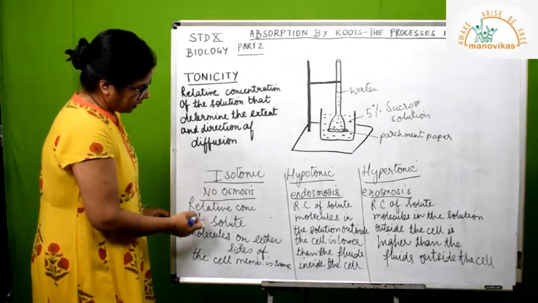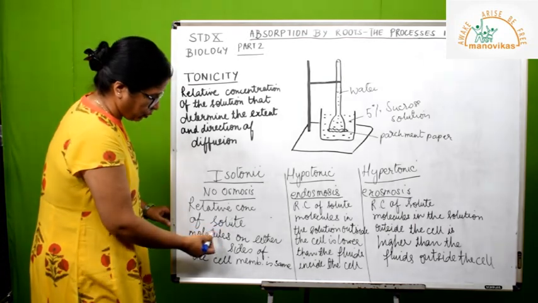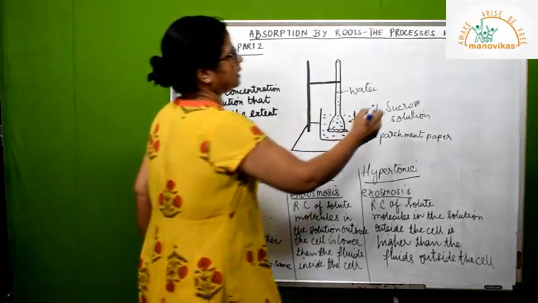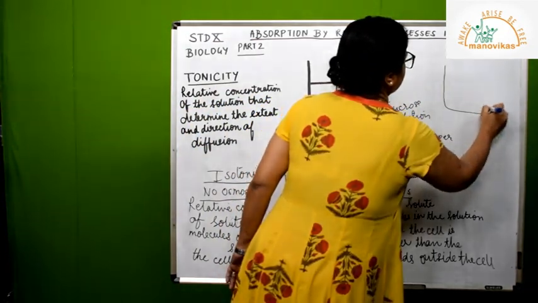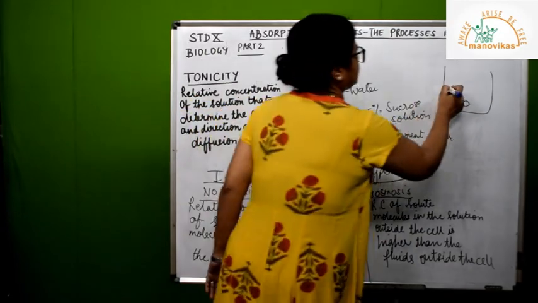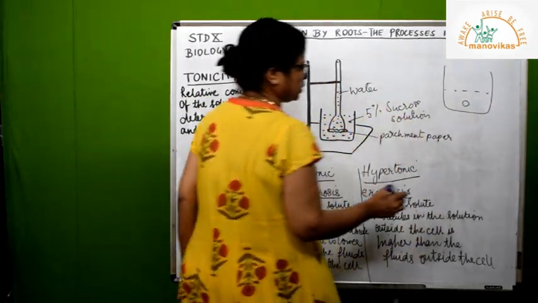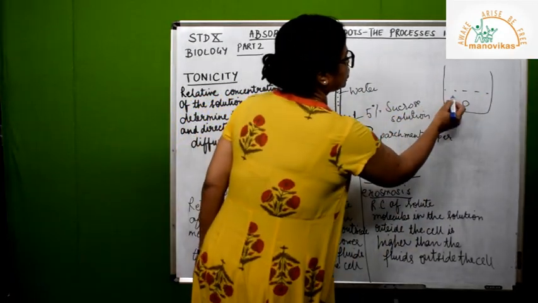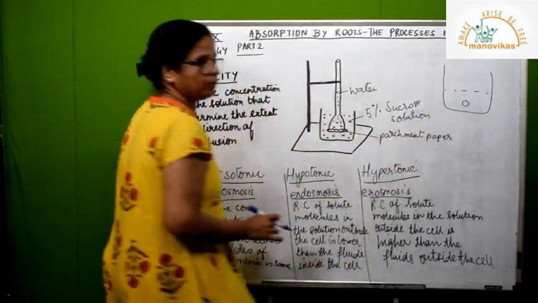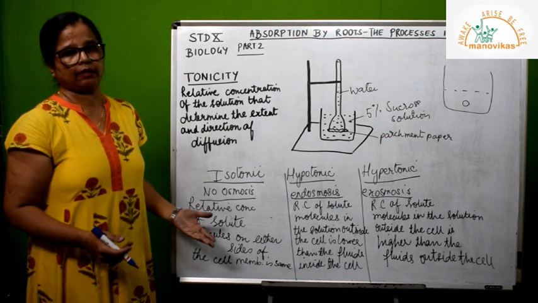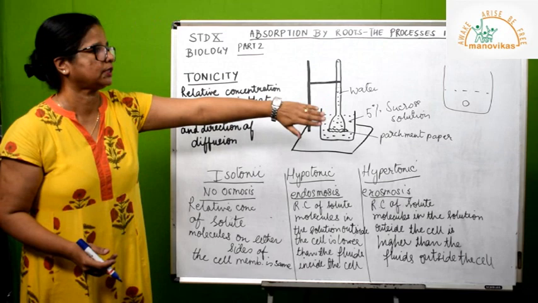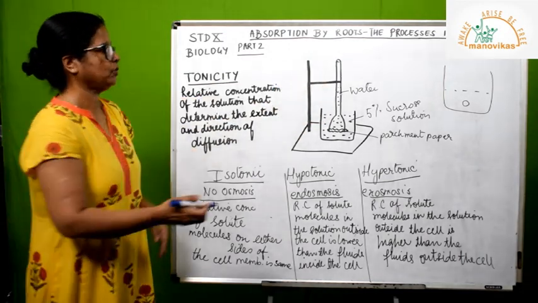Suppose the relative concentration of the solute molecules on either side of the cell membrane is the same. Let us take a container and imagine that we have placed a cell here, in a solution where the concentration of the solute on either side is the same. What will happen? No osmosis will happen, because both have the same concentration of solute molecules.